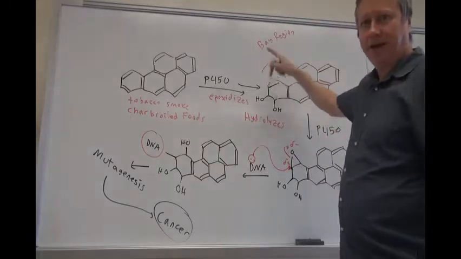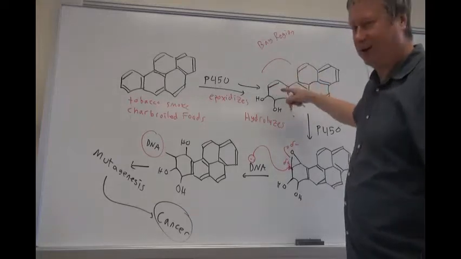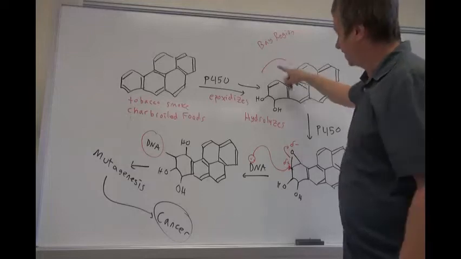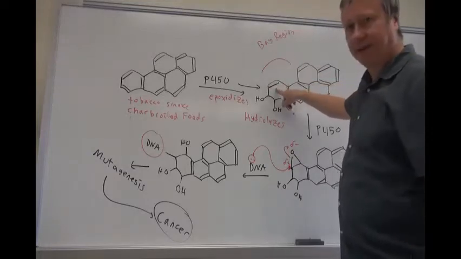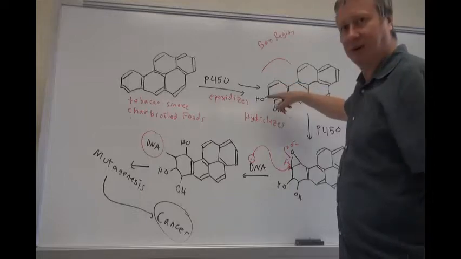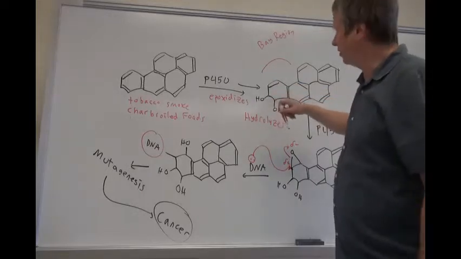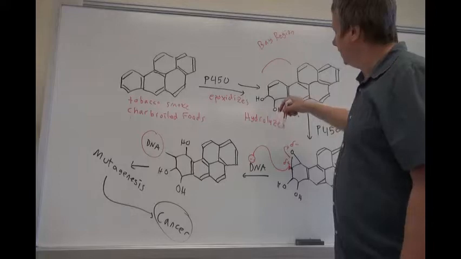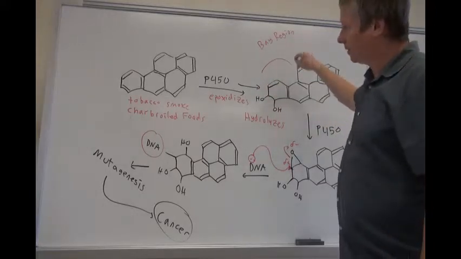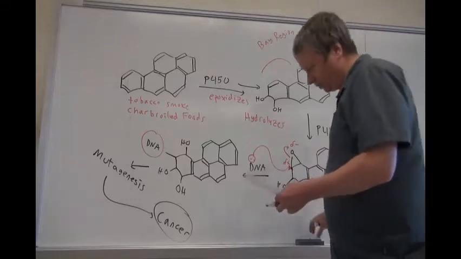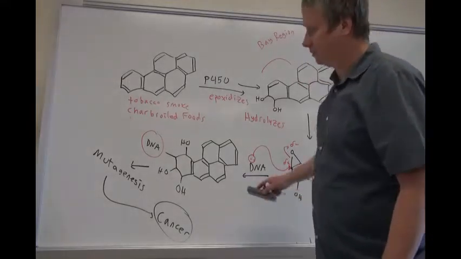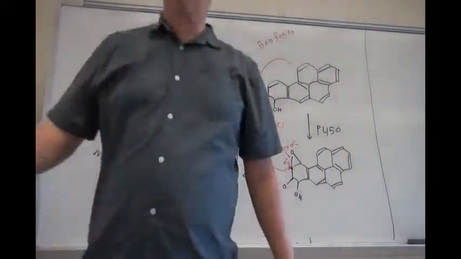Well, it looks like a bay, kind of like Monterey Bay or something. And this is where a lot of the epoxidation happens, and specifically that position gets epoxidized. And this is the position that really is known to cause the carcinogenicity of this. So if you hear people talk about benzopyrene, you may hear them talk about the Bay region. Okay, cool. So, all right, let's erase this.